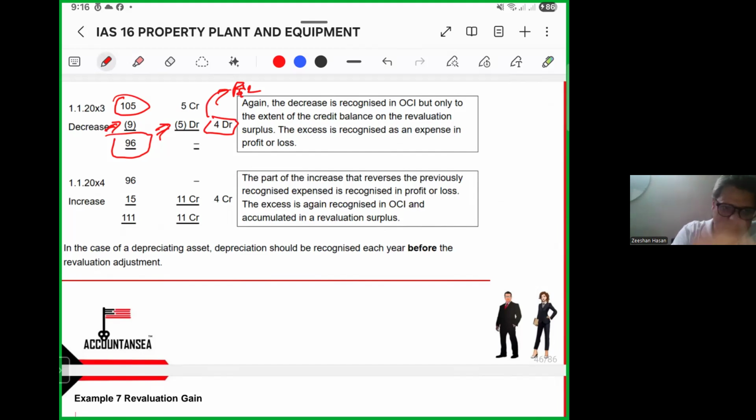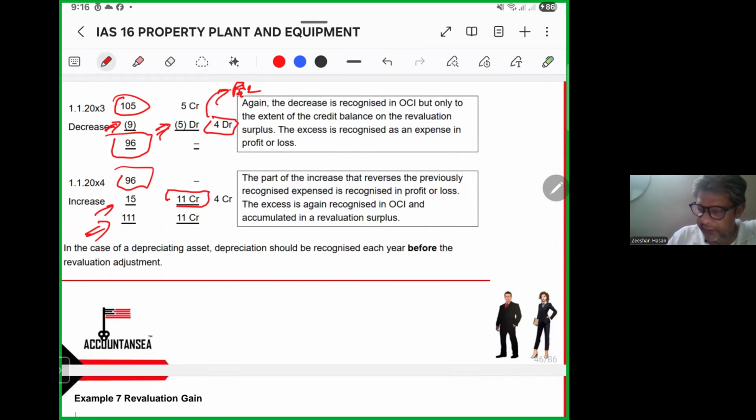Then again, the next year, 1st January 20X4, the opening value, the net book value of the asset, is 96. And now its value has increased by 15. The closing value of the asset is 111. So what we will do, 11 will be credited.